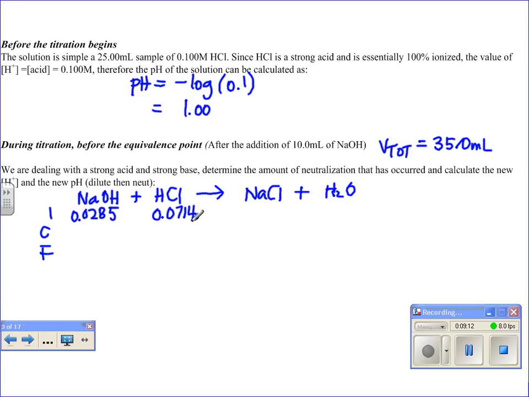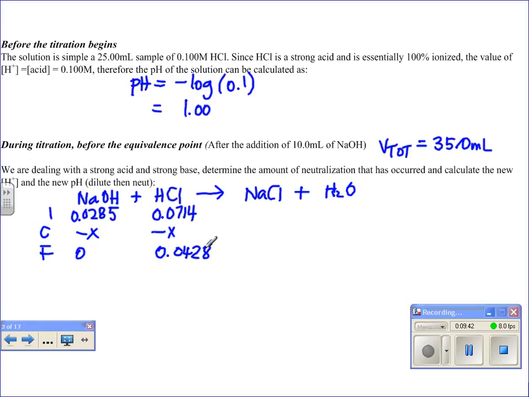In this case, you can see that the sodium hydroxide is limiting, which makes sense because we're before the equivalence point, and so the limiting reactant is going to be completely consumed. HCl is in a 1-to-1 ratio with the NaOH, so the concentration of HCl left over here is 0.0428.